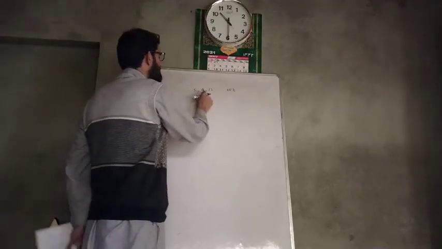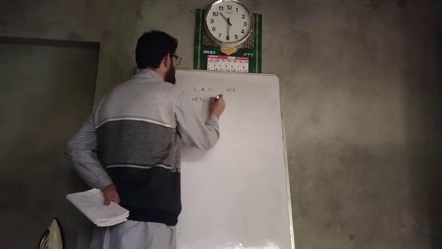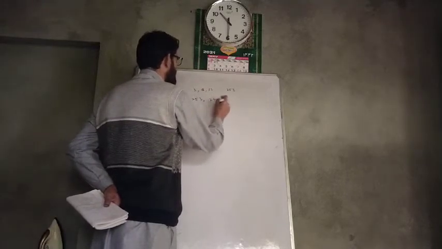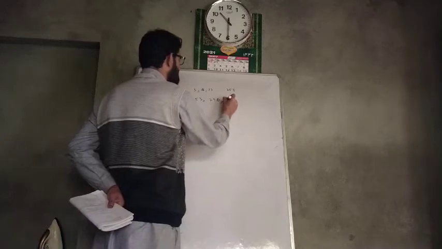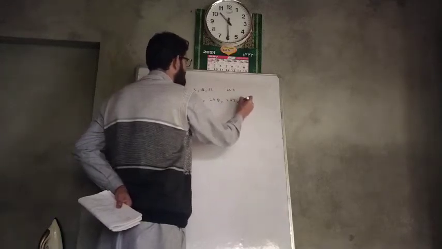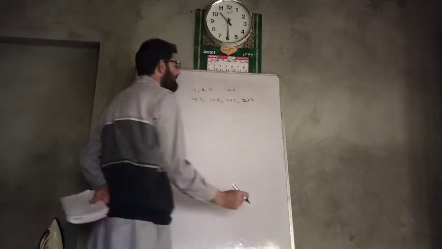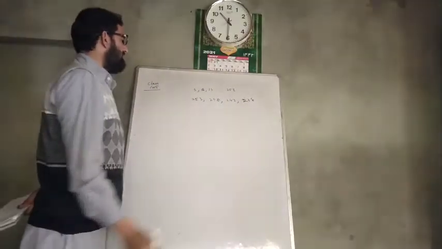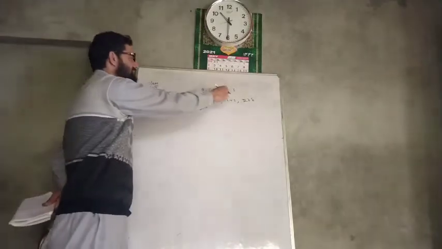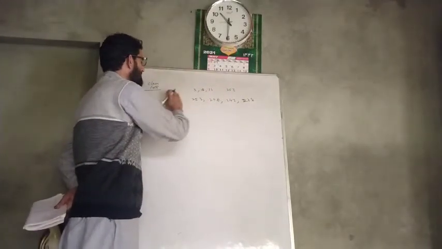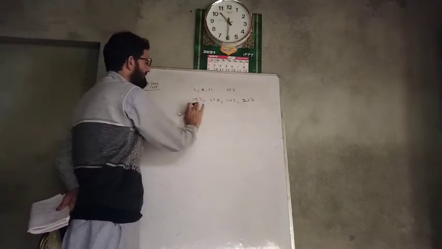Then what is the common difference? It is 5. So this will be 248, minus 5 is 243, minus 5 is 238. So this will be an AP. We reverse it. We write the last term first. Then proceeding, the common difference is minus 5.